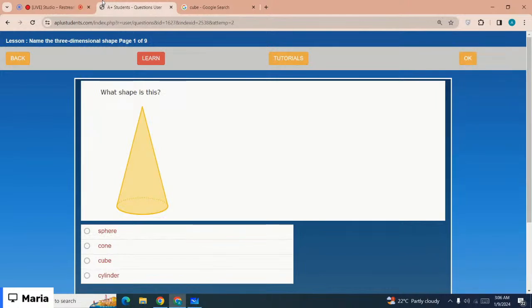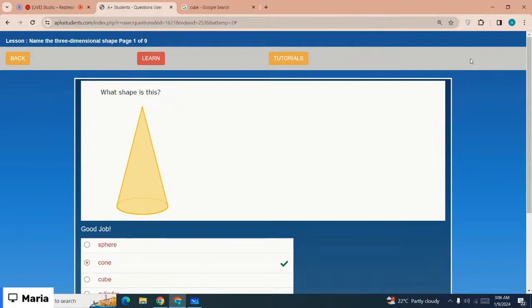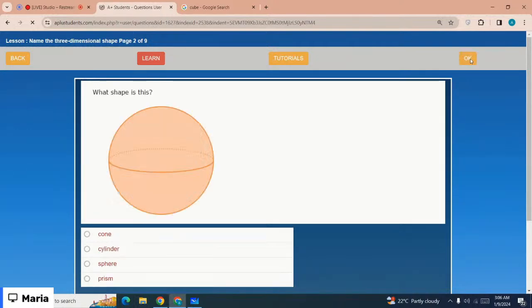So that is a cone, right? A cone has a circular face, and this one is a circular face and a triangular shape, right? So that is a cone. Got it? The correct option is cone. Just think logically. You can relate the things to your daily life.